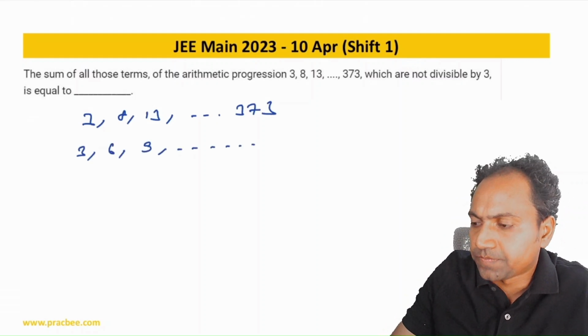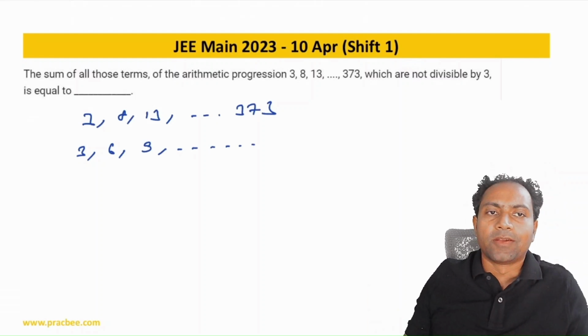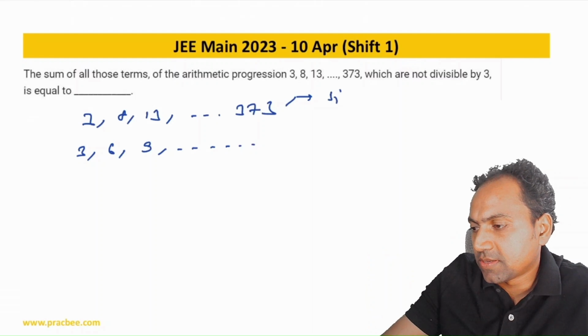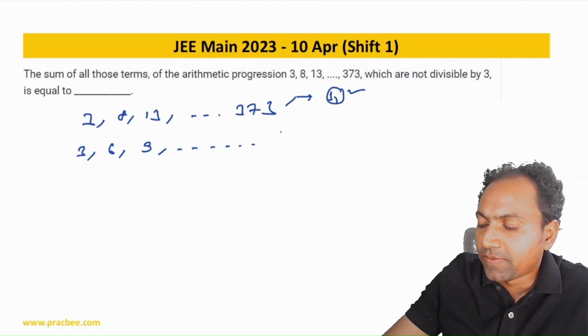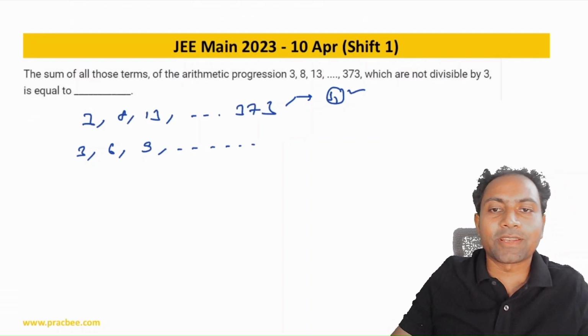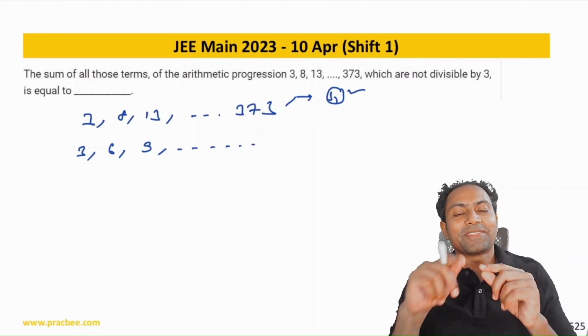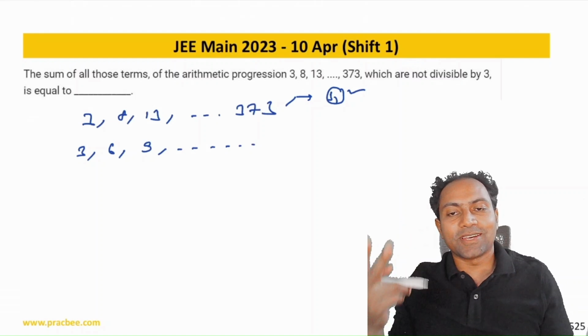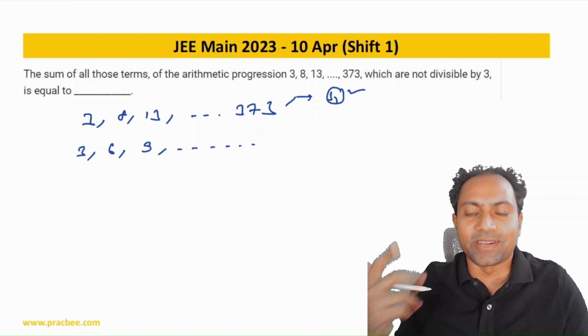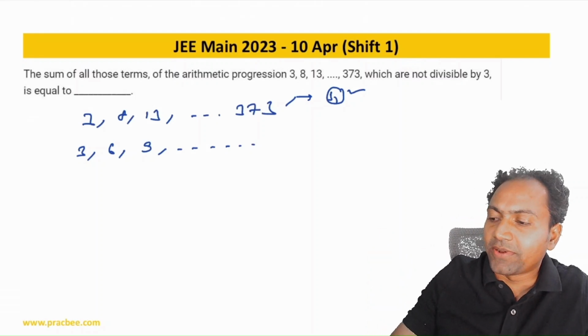The logic would be to find the sum of the first series, find the sum of the common terms that are there, and subtract them to get the answer. Because the terms which are divisible by 3, if you find their sum and subtract, we will get our answer. So this is the logic that we are trying to follow.